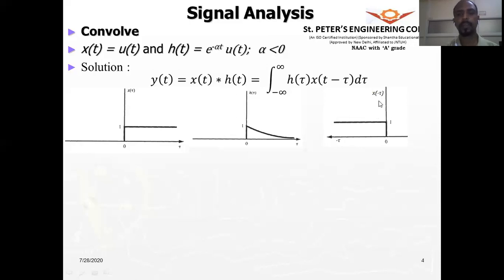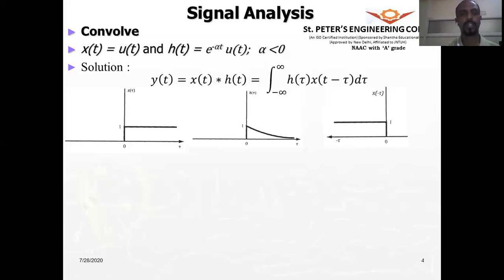All right, next we are going to shift this by an amount t to get x of t minus tau. So as you can see, this is a shift. It is a time shift, whatever we have studied in signals and systems unit 1. So the same time shift operation is performed here.